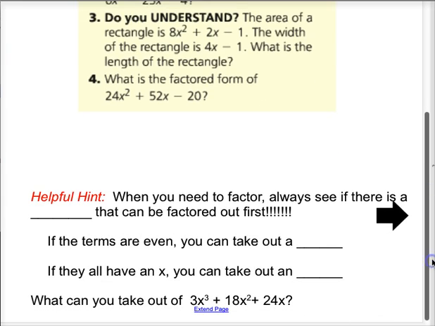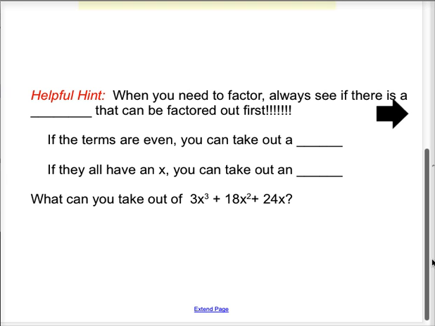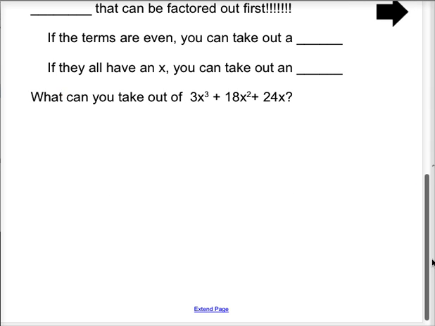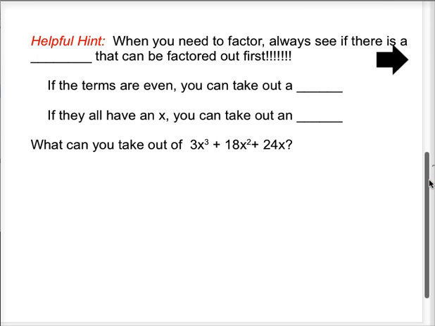My focus is I want to begin down here with our little helpful hint. When you need to factor, always see if there is a monomial that can be factored out first, or GCF that can be factored out first. Some common ones are really easy to see.